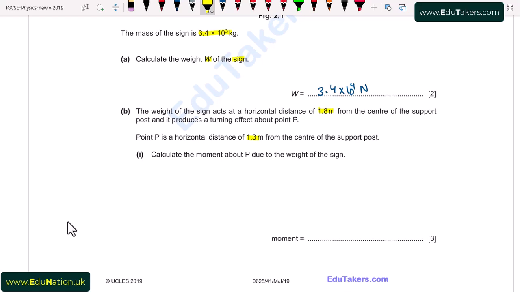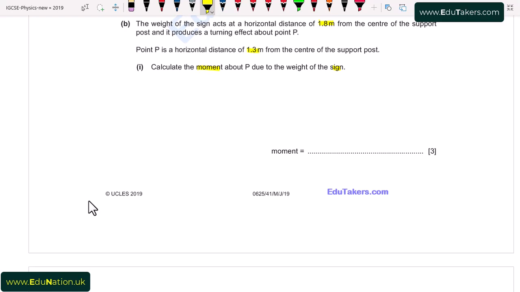Calculate the moment about P due to the weight of the sign. Here we have to calculate the moment. And we know that moment is the product of force and the perpendicular distance from the pivot point. I write here moment. It is equal to the product of force and the perpendicular distance from the pivot point.